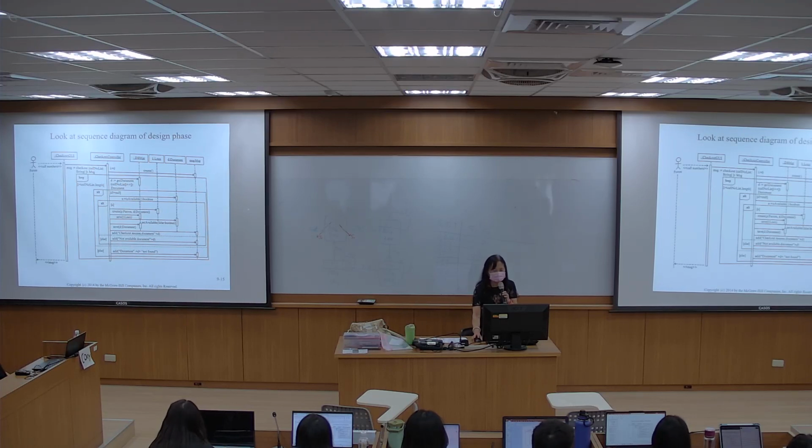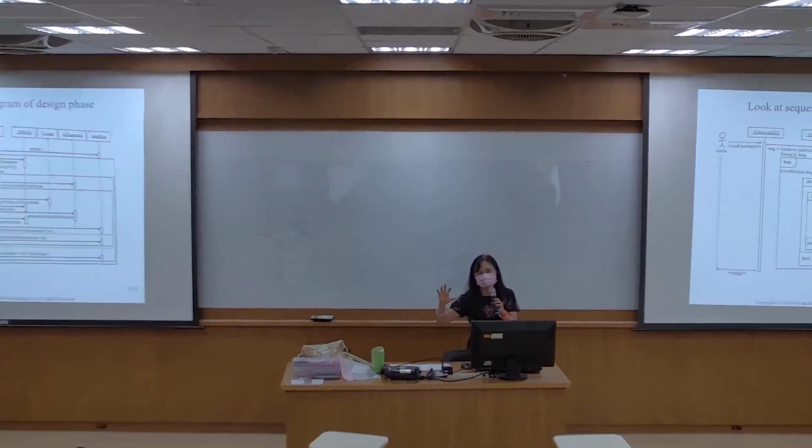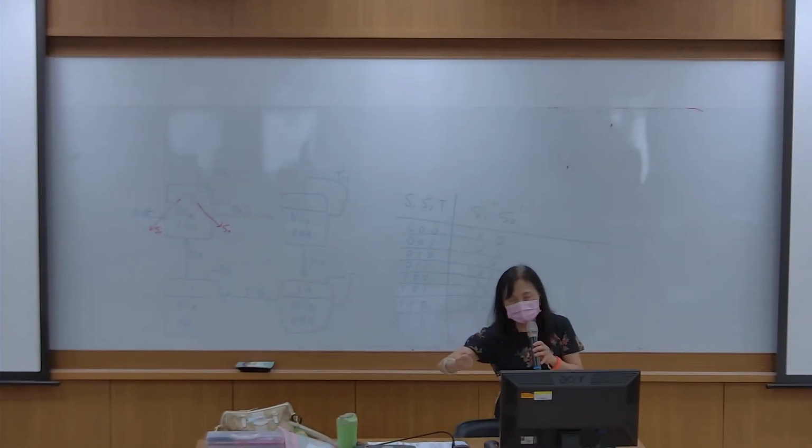And now you can see here we have V, right? View, V, controller, C, right? And model, right? So model is passive. So not active.